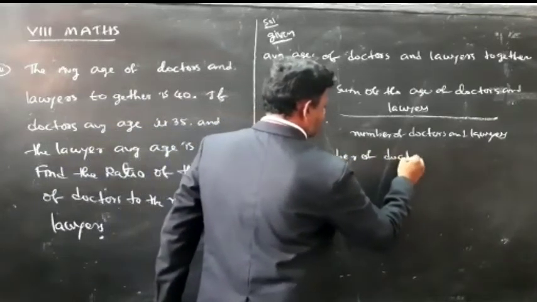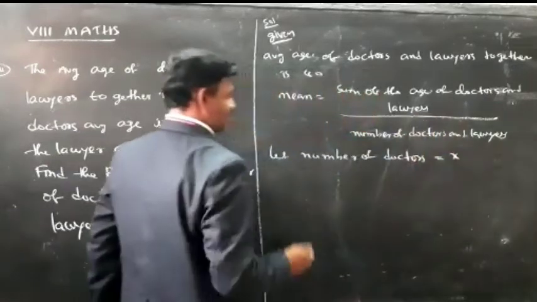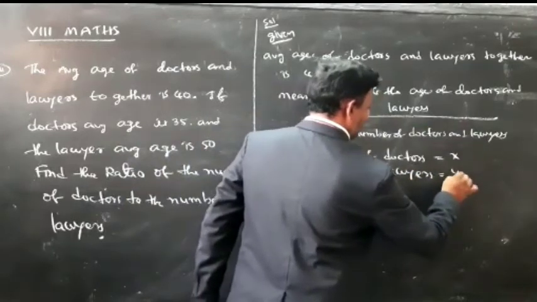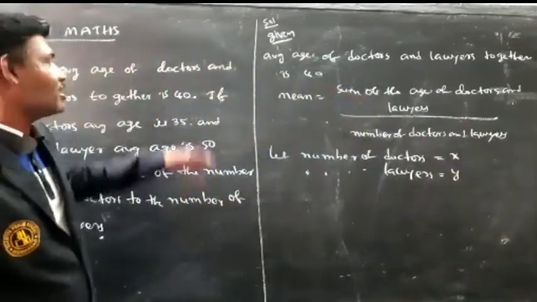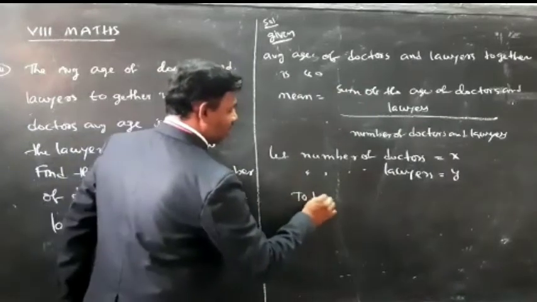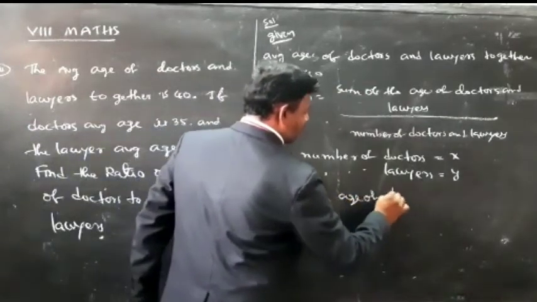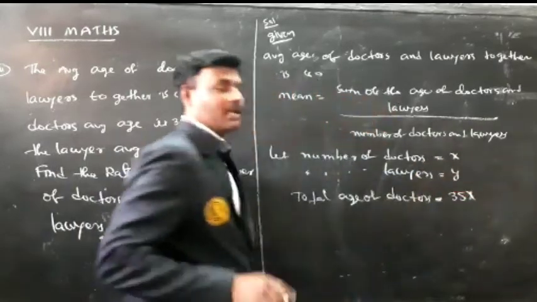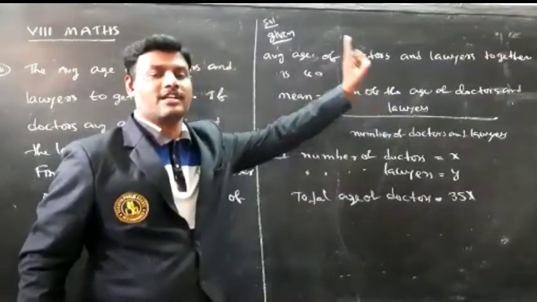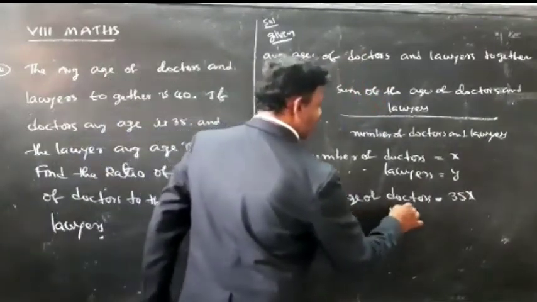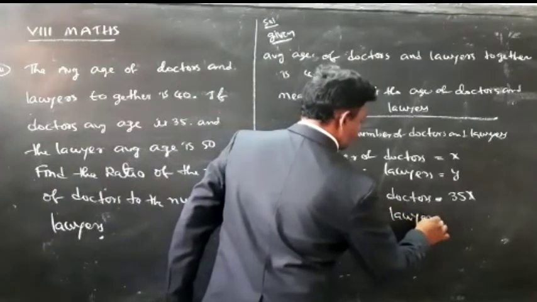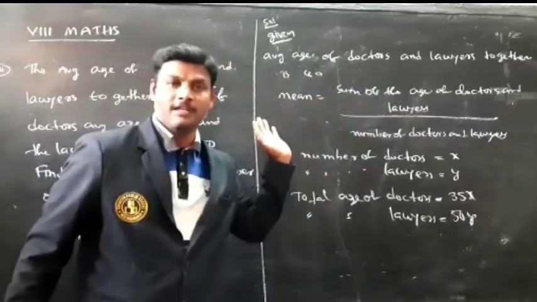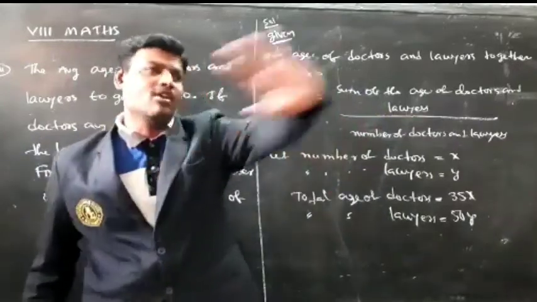See, solution. Let the number of doctors be x. Similarly, the number of lawyers I am taking as y. What is the average age of doctors? 35. It means the total age of doctors is equal to 35x. Why? Because 35 is the average age of doctors. The total age of lawyers is equal to 50y, because 50 is the average age of lawyers.